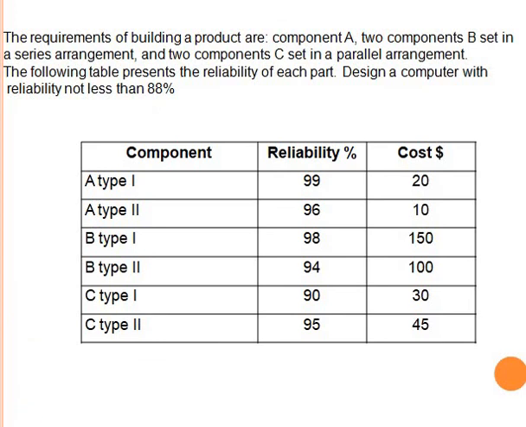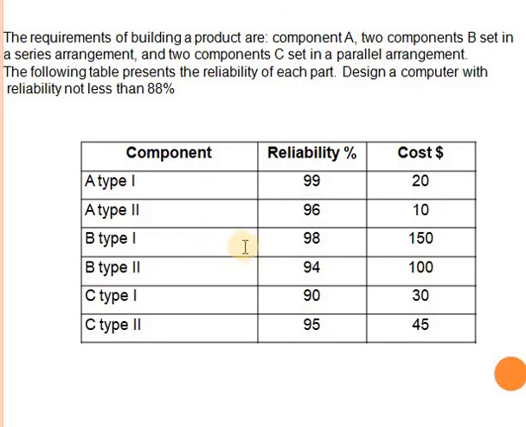So you see, for component A we have two types with different quality. The first type has a reliability of 99%, however it costs $20. The second type of component A has a lower reliability of 96%, and of course it's going to have a lower cost. Same with component B. We have two types.